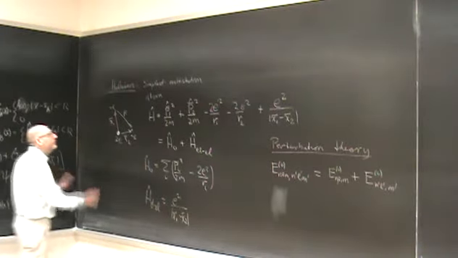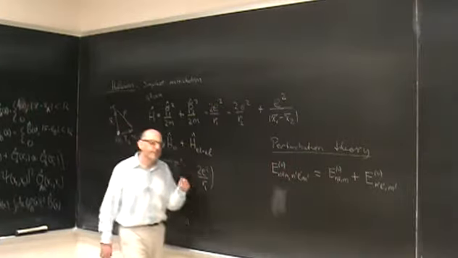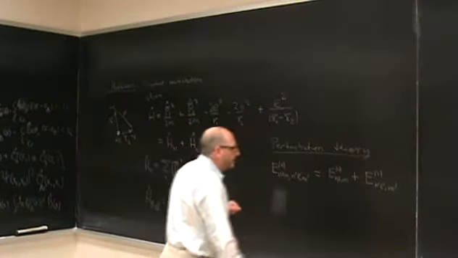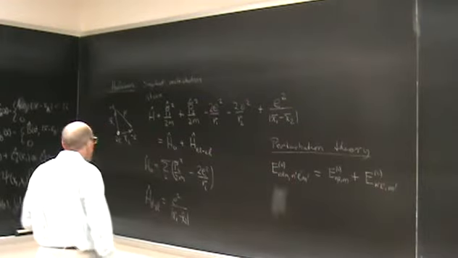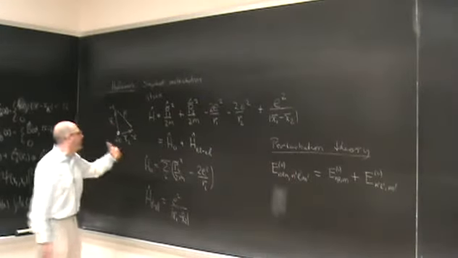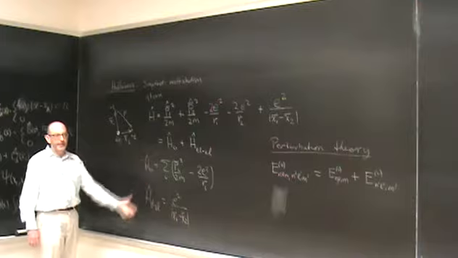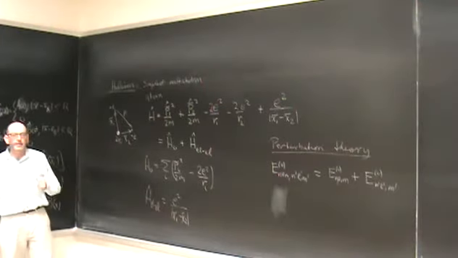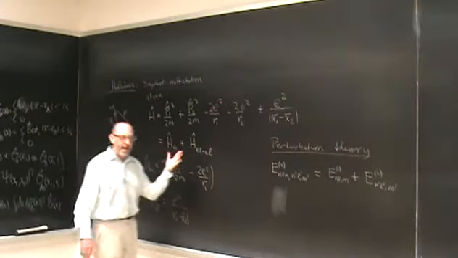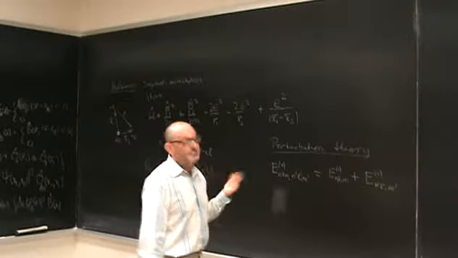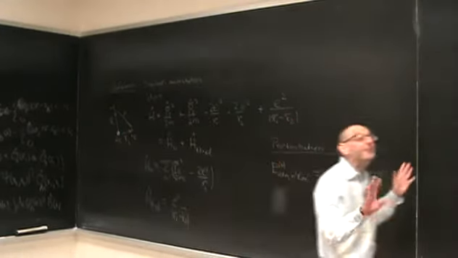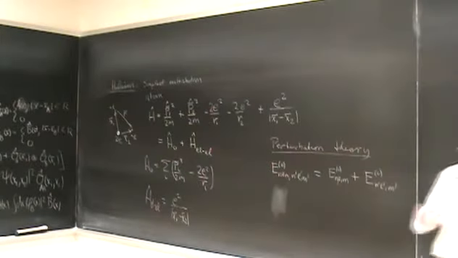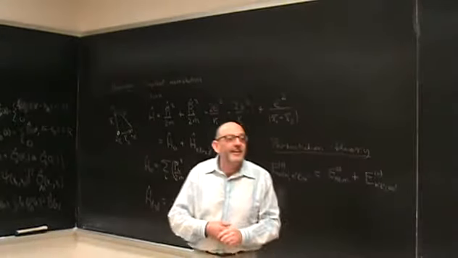We started to look at this last lecture, thinking about solving for the energy levels, the bound states, particularly of the helium atom in perturbation theory. We can go back and say whether that was a reasonable approximation or not, but let's just try it.